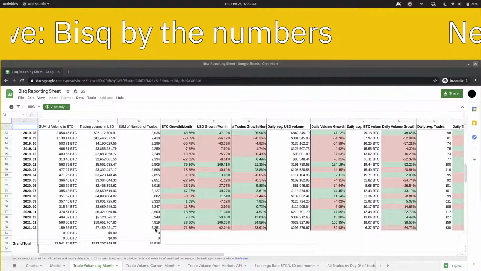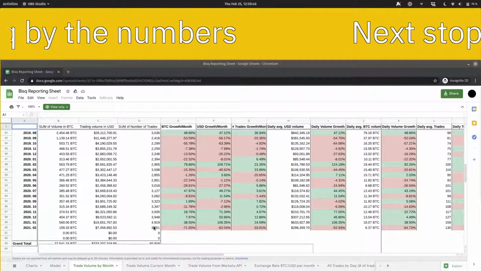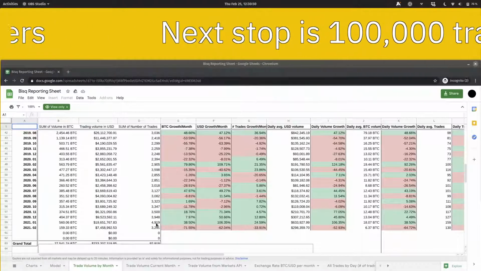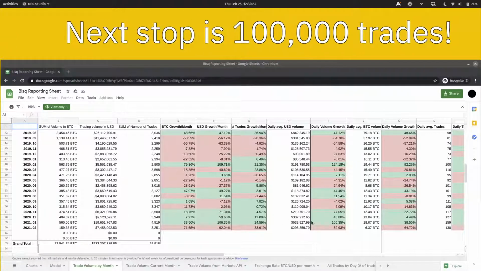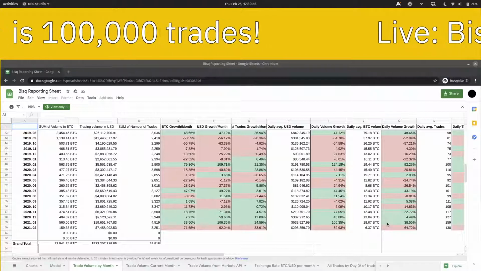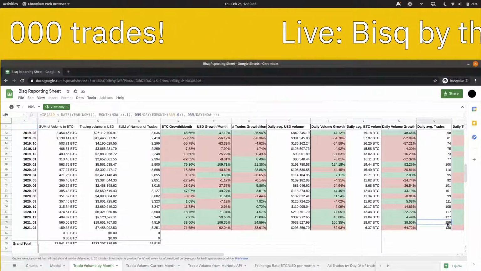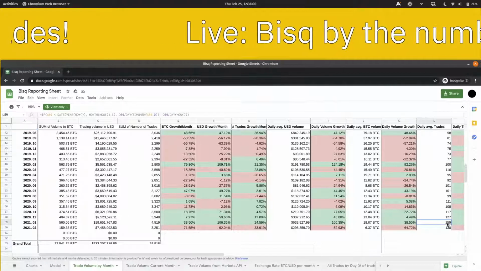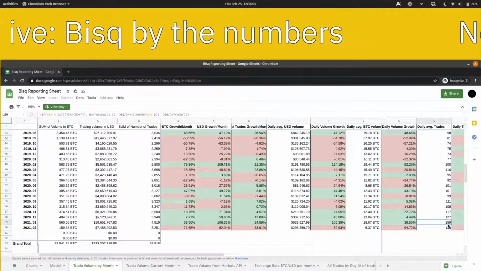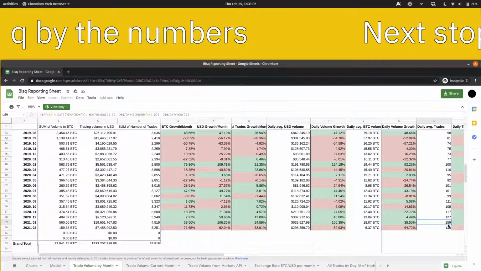And now last month, January 2021, we saw almost 5,000 trades in a single month, which, considering where it came from, is really crazy. 159 trades per day on average in January. This is what the network was doing on a monthly basis 3-4 years ago.